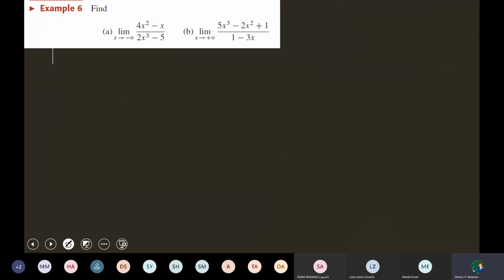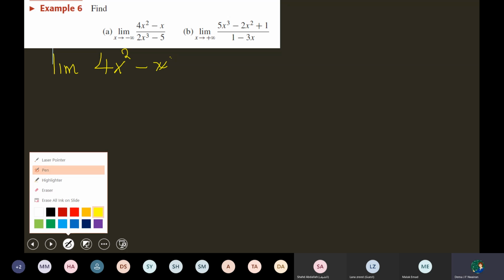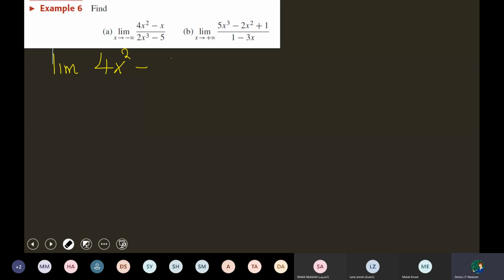Now, let's do A. For A, I have the limit of 4x squared minus x over 2x cubed minus 5 when x approaches negative infinity. What is the highest power here? X cubed.